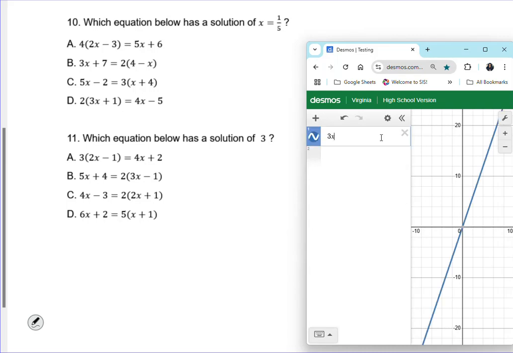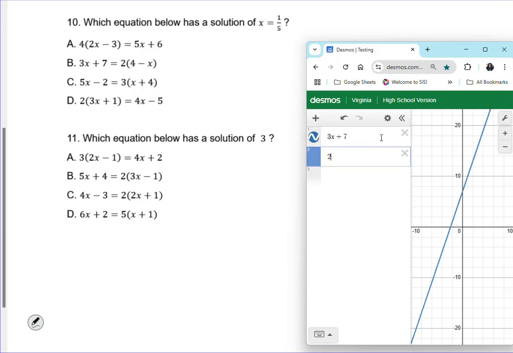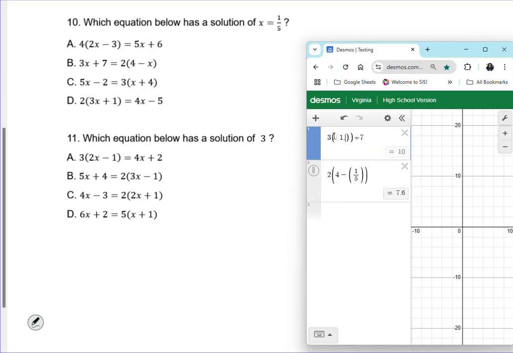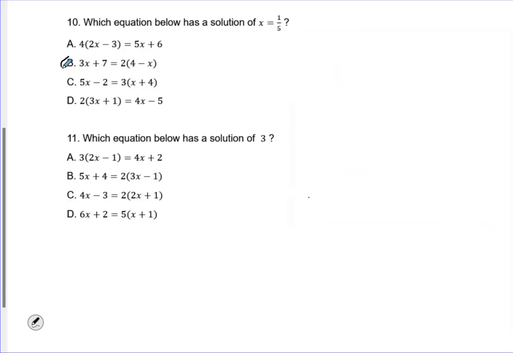So I'm just going to go down the list and keep looking for the equation that has 1/5 as a solution. Okay, so x has to be 1/5 here, and then x has to be 1/5 here. There you go. So look, when I plug in 1/5 and enter choice B for my x, I get the same number, which gives me a true statement. So that's the one.